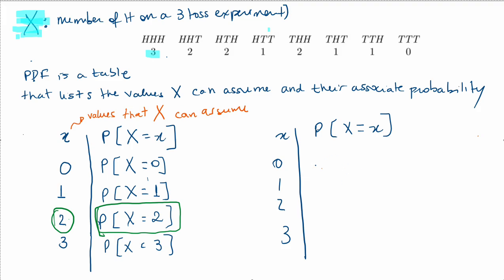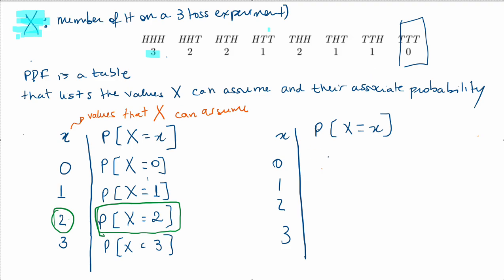What's the probability that my toss experiment returns a 0 value? I'm in this line here. What's the probability of x equal to 0? Well, for x to be 0, the experiment has to output TTT, right? So it's just TTT, which is 1 over 8.